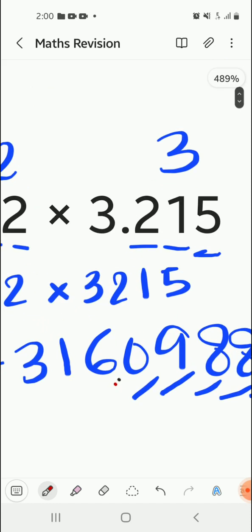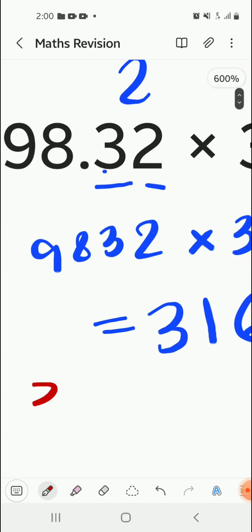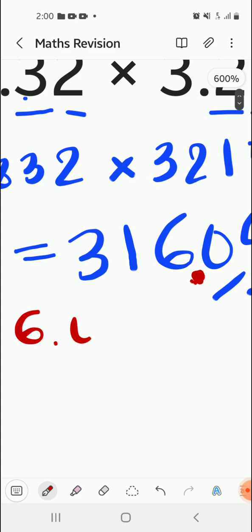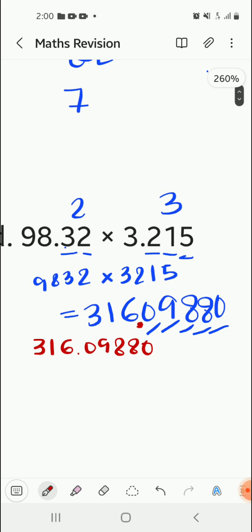So we have got a decimal point here. Okay, so my answer becomes 316.09880. That's it. Moving on to the next question.